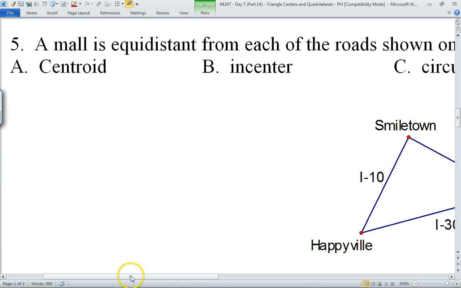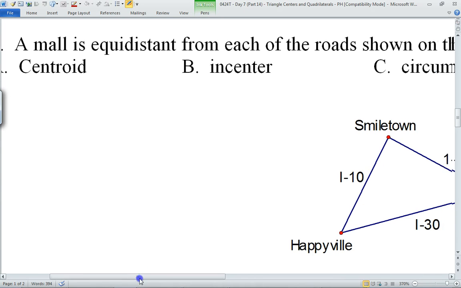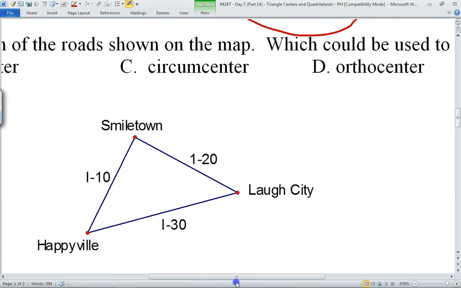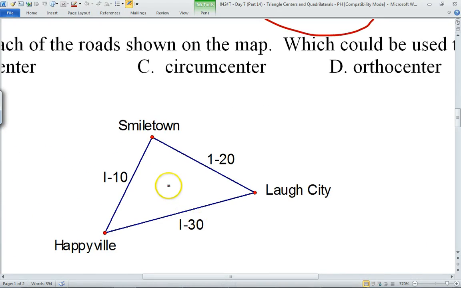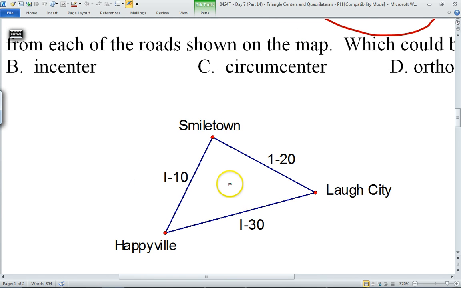Okay, a mall is equidistant from each of the roads shown on this map, which could be used to find the mall's location. Now, this mall is supposed to be equidistant from the roads. Well, if we're going to be equidistant from the roads, is that equidistant from the vertices of the triangle, or is it equidistant from the sides of the triangle?